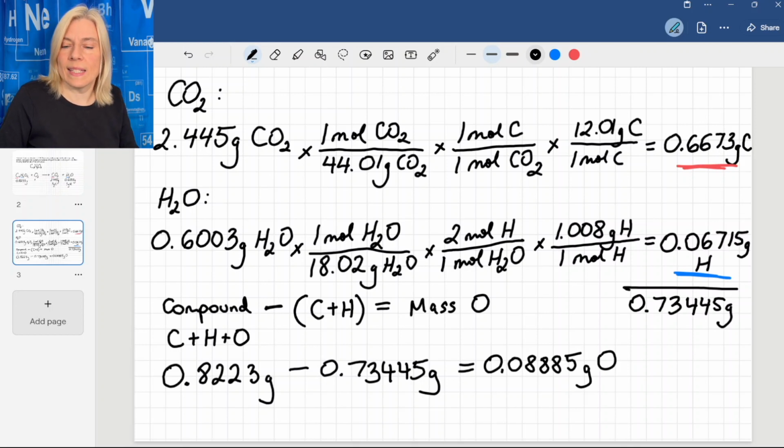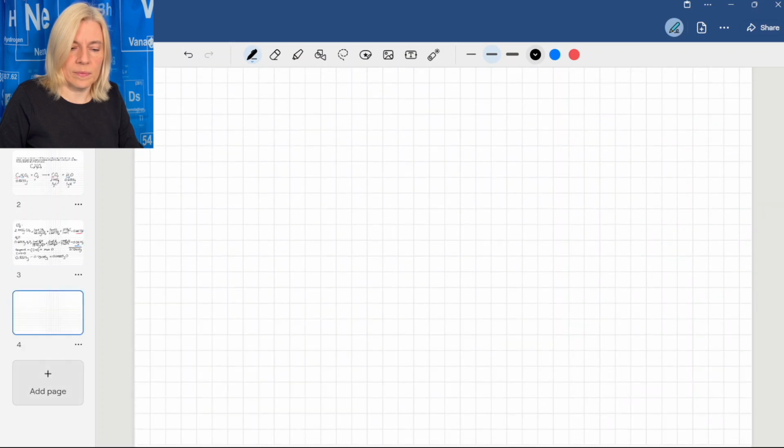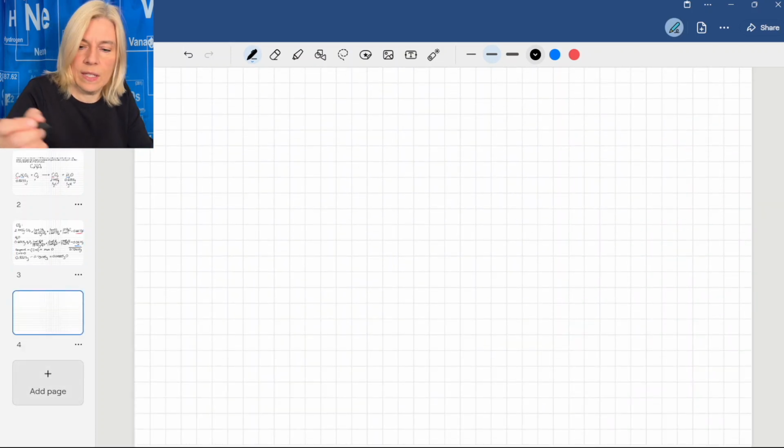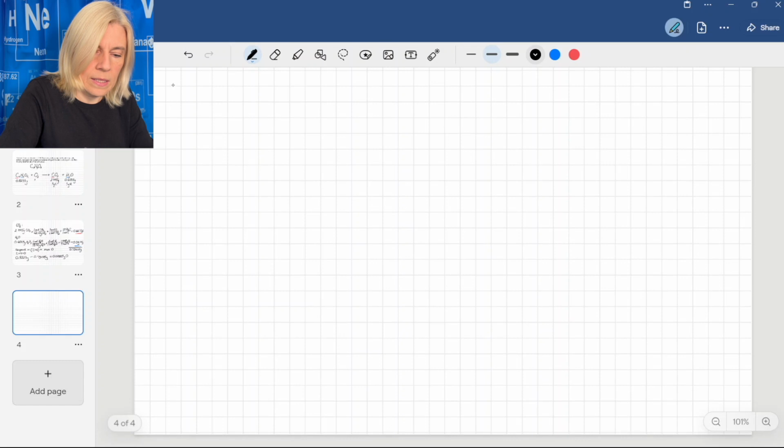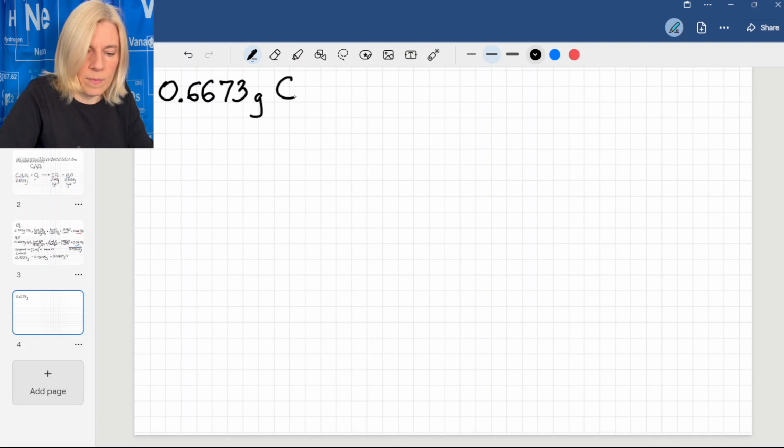I have my masses now of carbon, hydrogen, and oxygen, and I'm ready to do the next step, which is just to find the empirical formula. So this will be straightforward. So let's do it. I have 0.6673 grams of carbon.